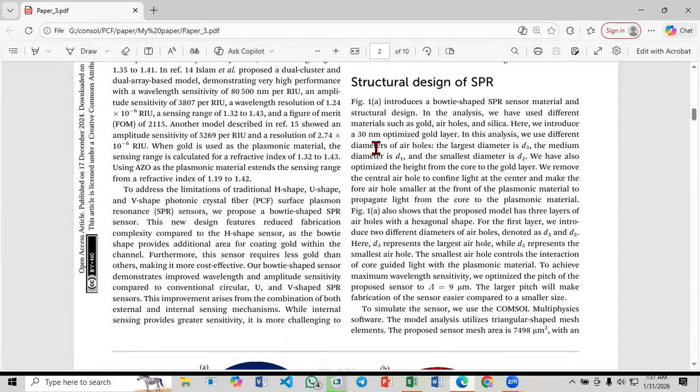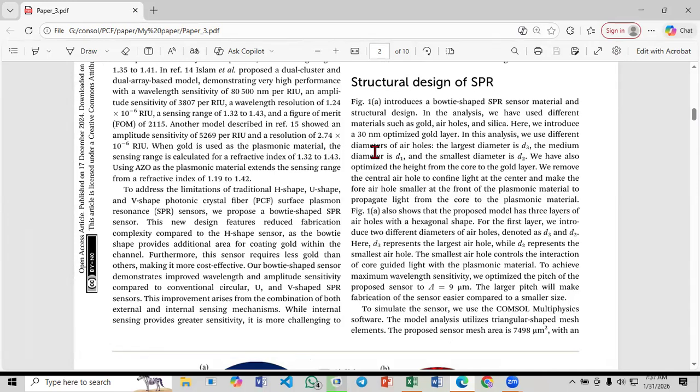Some people actually work on a lower version of COMSOL. The disadvantage of the lower version is that they take lots of memory when you simulate the file in COMSOL.